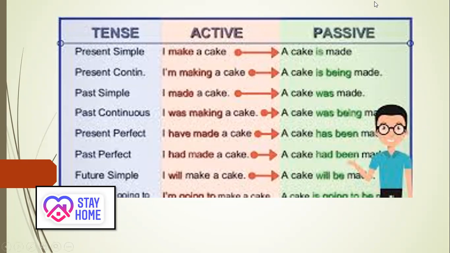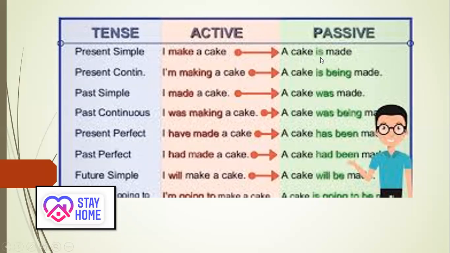In this passive voice, the most important thing is not the person or object that performs the action. In this case, the most important thing is the action. As you can see here, this is the object of the sentence, and in the passive voice, it becomes the subject of the sentence.